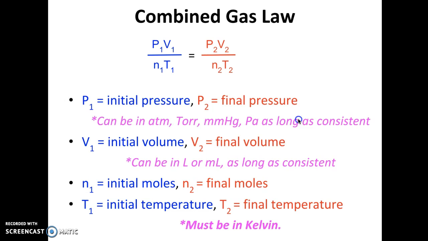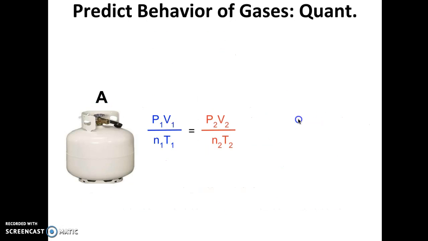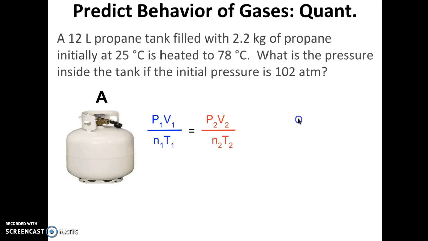That must be in Kelvin, but everything else, as long as the units are consistent, is fine. Pressure can be in torr, millimeters of mercury, or Pascal. Volume can be in liters or milliliters, again, as long as it's consistent. And of course, n stands for moles, so it could be in moles or millimoles or whatever.